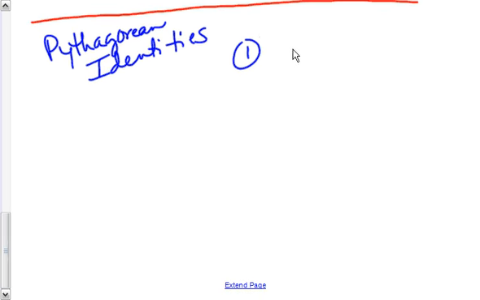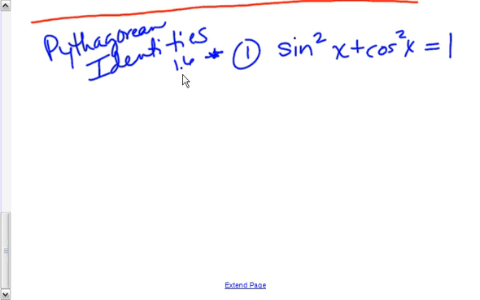Here's the first Pythagorean identity: sine squared x plus cosine squared x is equal to 1. Remember that one? It was in section 1.6 or somewhere back there, when we learned the reference angles. So we've worked with this one a little bit.